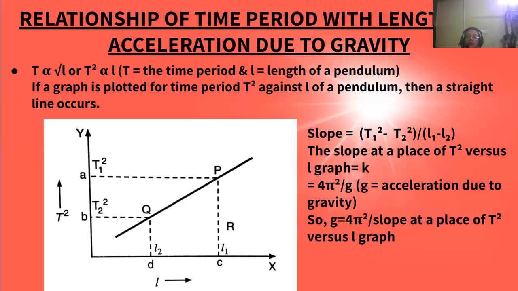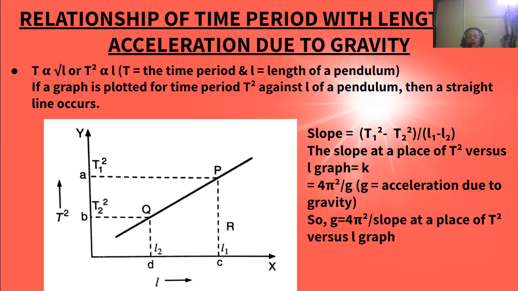If the effective length of the pendulum is increased 2 times, the time period will increase 4 times, as T square is directly proportional to length.